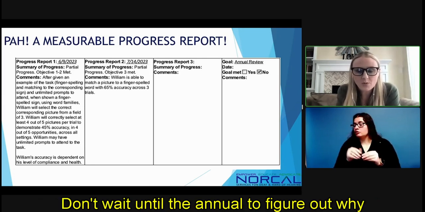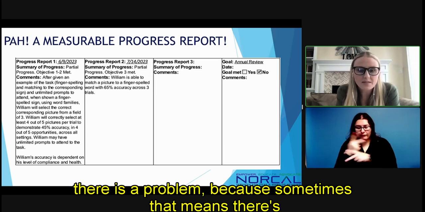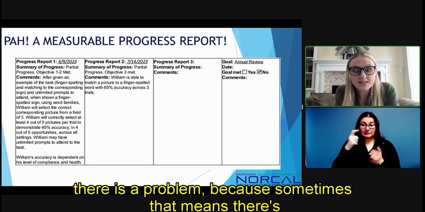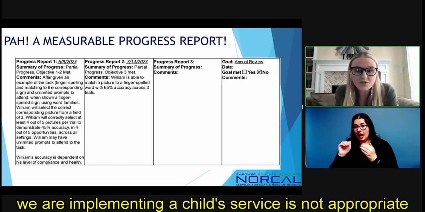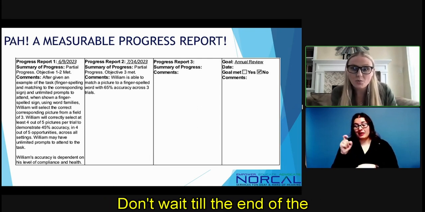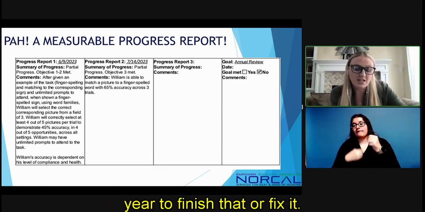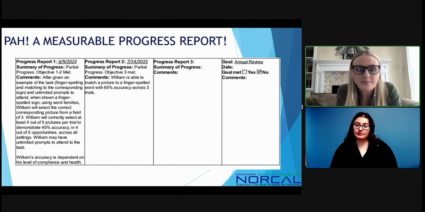Don't wait until the annual to figure out why there was a problem, because sometimes that means there's not enough services, or the service model, meaning how we are implementing a child's service, is not appropriate and something needs to change. Don't wait till the end of the year to fix it.